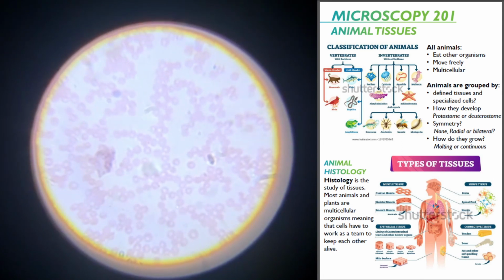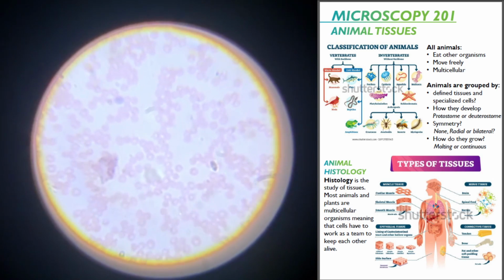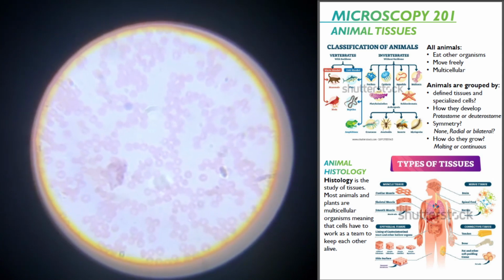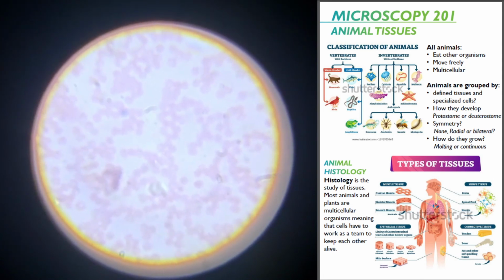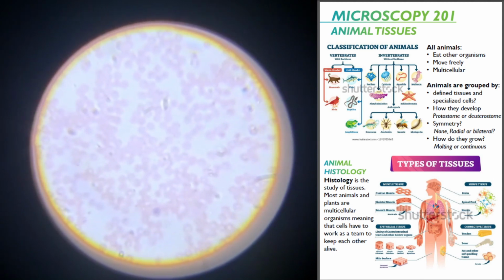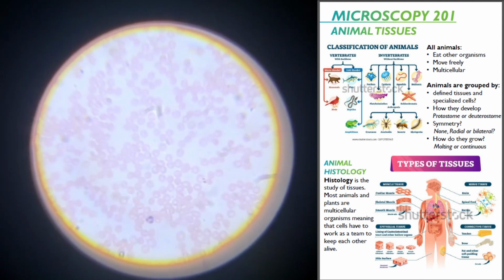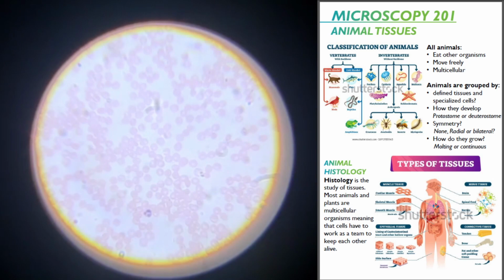I'm not able to get this clear. If I could put my 20 times objective in, I would totally be able to see more clearly. That one stains dark all across. Let's see if I can move around and find even one. Ooh, look at that, there it is, right there.